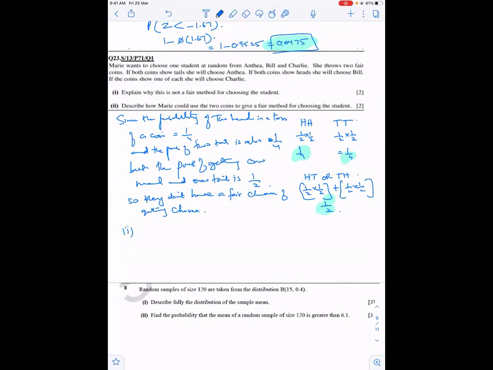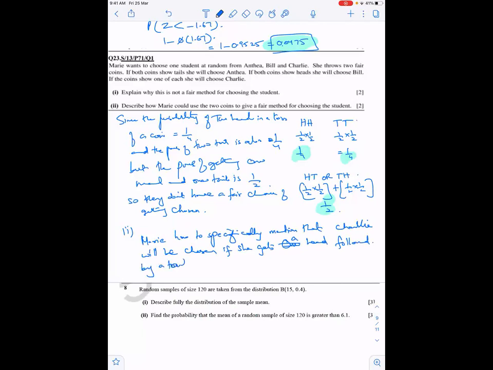Mary has to specifically mention that Charlie will be chosen if she gets one head followed by one tail, or a tail followed by a head.